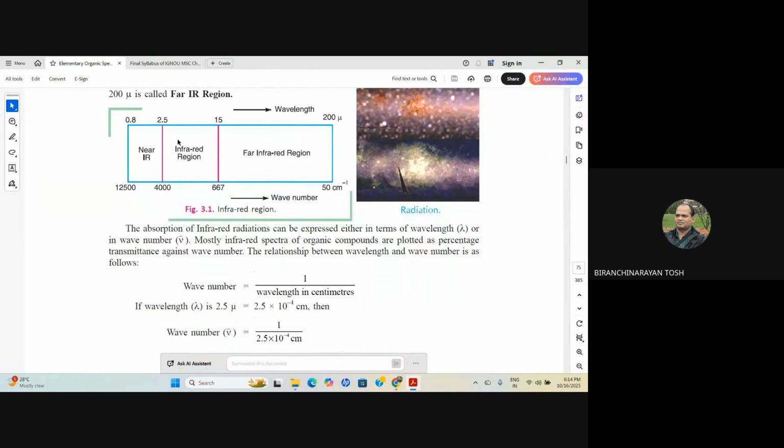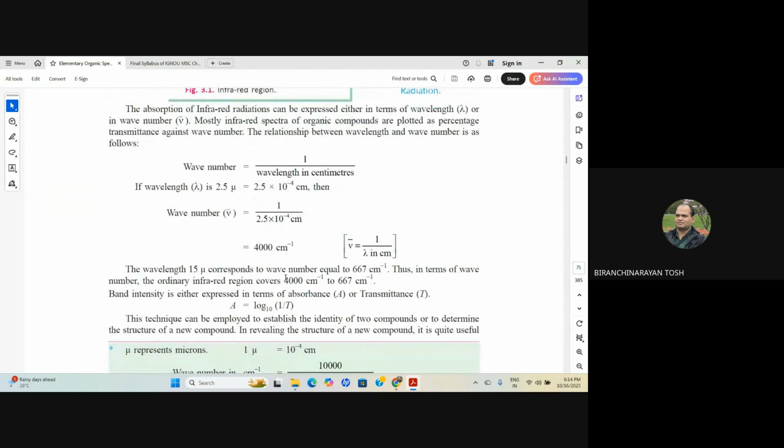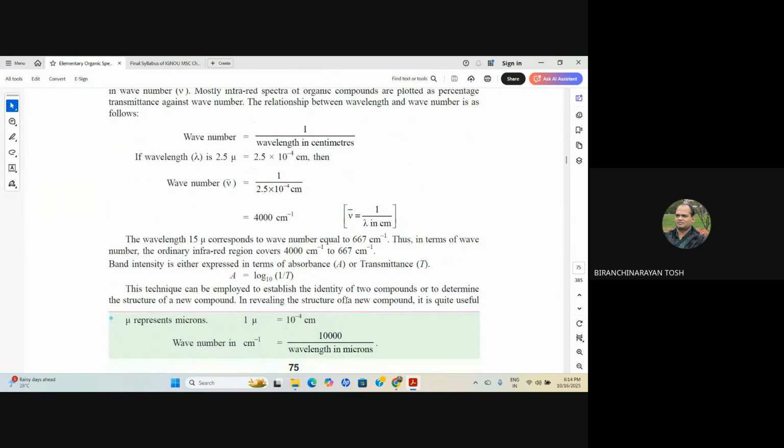If the wavelength is 15 micron, then the corresponding wave number will be 667 centimeter inverse. So we have to represent the spectra with the wave number in centimeter inverse on the x-axis. This is the calculation that you know. And absorbance, as we already know, is the logarithm of the reciprocal of transmittance, so log of 1 by T is known as absorbance.